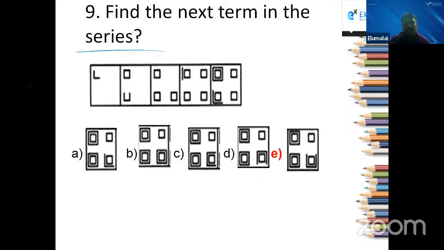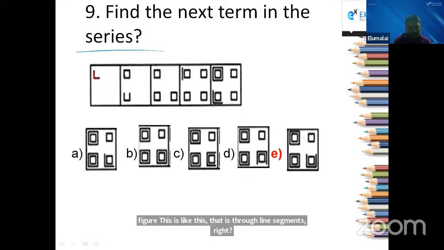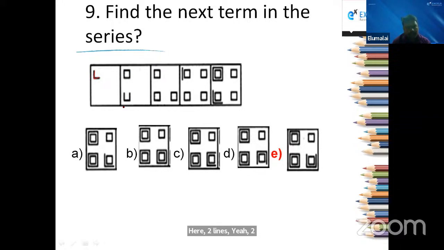So it is option E. See here. Now, if you see this figure, there are two line segments. Here two line segments are there. Here two line segments are added and three more are added. So five, right? Now one is here and four is added here.